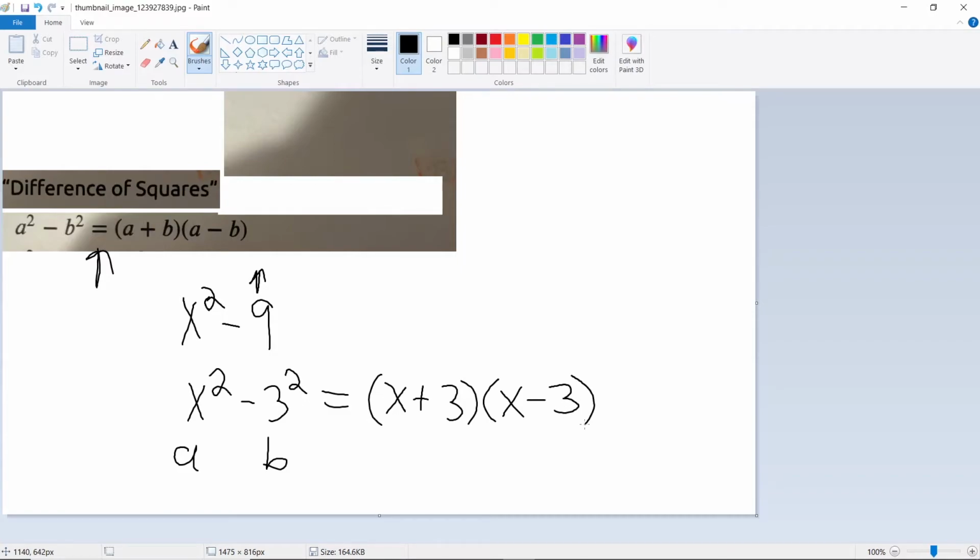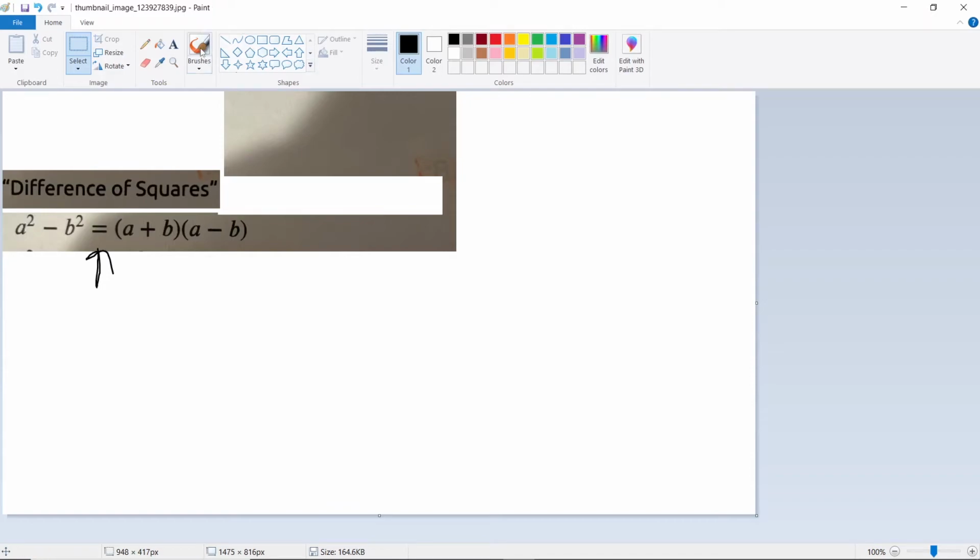So there you have it. You can factor something by difference of squares. X squared minus 9 is the same thing as x squared minus 3 squared. And then because we know we have this difference of two squares pattern, it's x plus 3 times x minus 3. Probably wouldn't make sense to do it with numbers because you could always square the numbers and then subtract them.